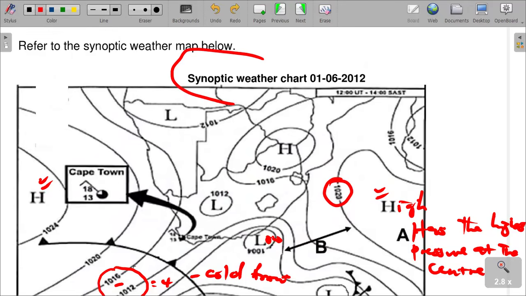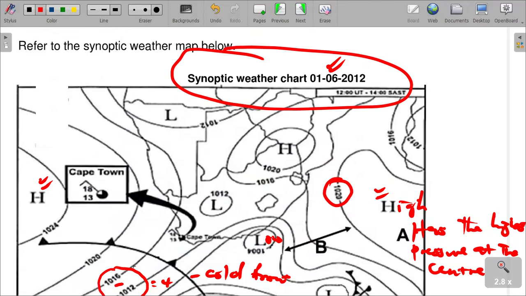The synoptic weather map is dated 1 June 2012. When you check the date, you can tell the season of that map, or when it was taken.